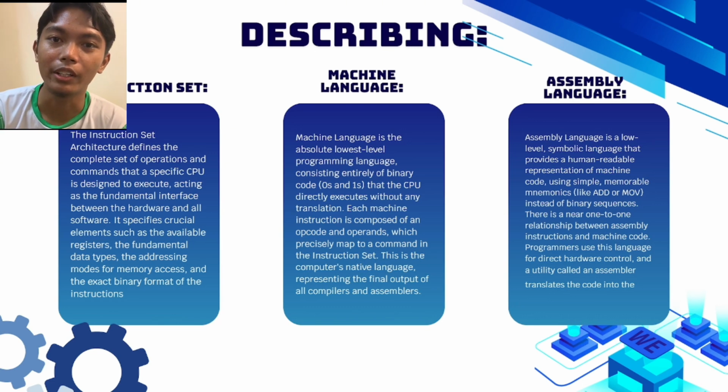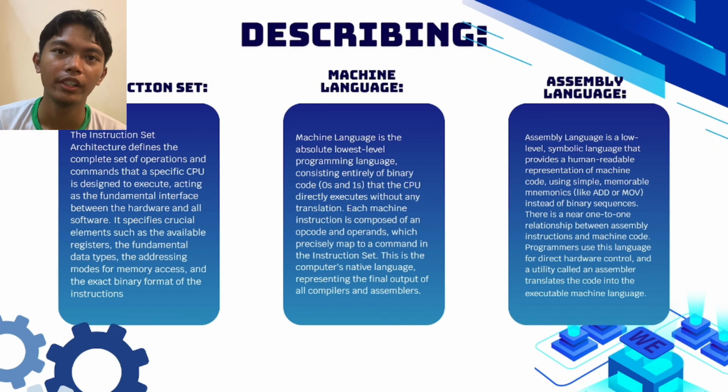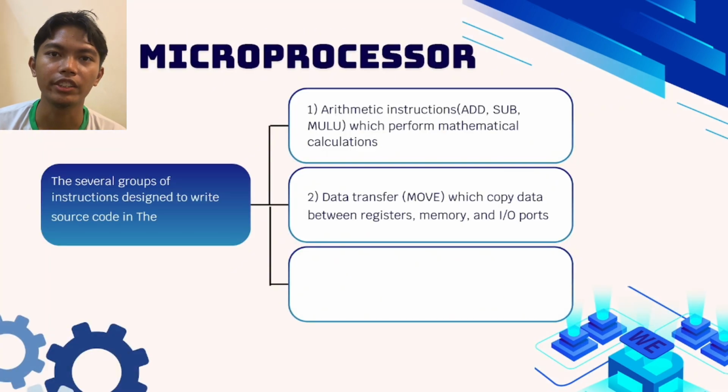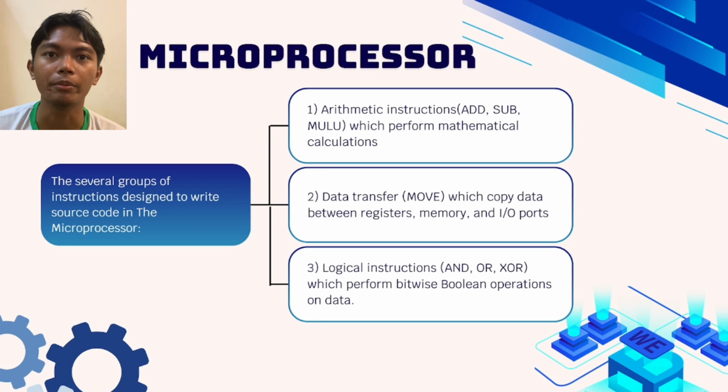Microprocessor. There are several groups of instructions designed to write such code in the microprocessor. The first, arithmetic instruction: we have ADD, SUB, and MODULO, which perform mathematical calculation.